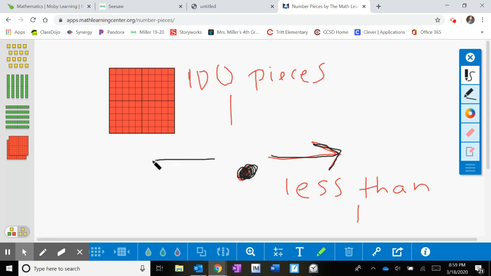Everything on this side of the decimal point is 1 or more. So the left side over here is how many wholes are there? How many flats do we have? So if you don't have anything that equals one whole or 100 pieces, you're not going to have anything over here to the left side of the decimal. Everything is going to be on the right.